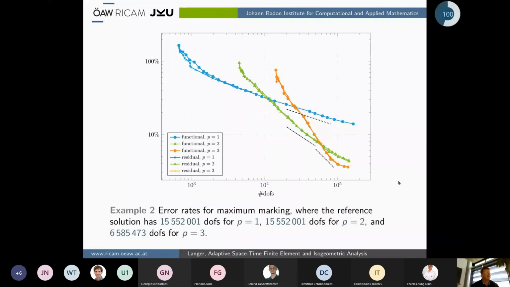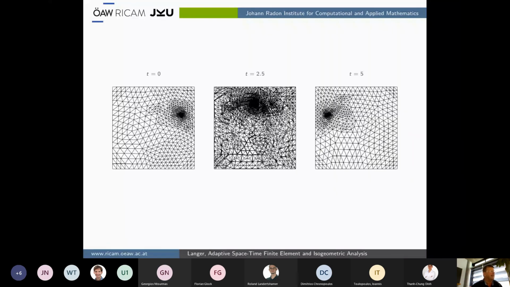So this is a moving thing, but this is space-time. We did this in space-time, and again, we use adaptivity here, and we can always restore the full rate, namely h to the power of p, h in terms of unknowns. Of course, we do not know the solution, so we have a reference solution on a verifying grid here. So these are cuts through the space-time cylinder.